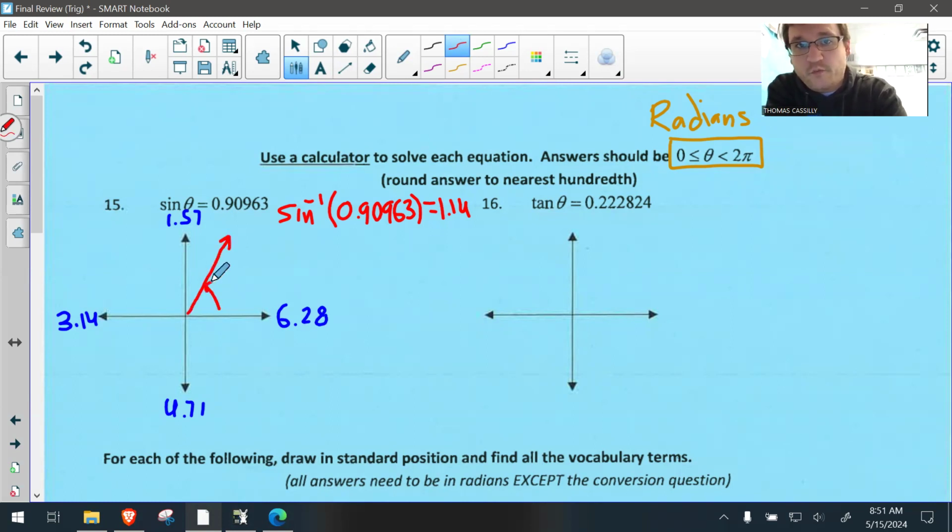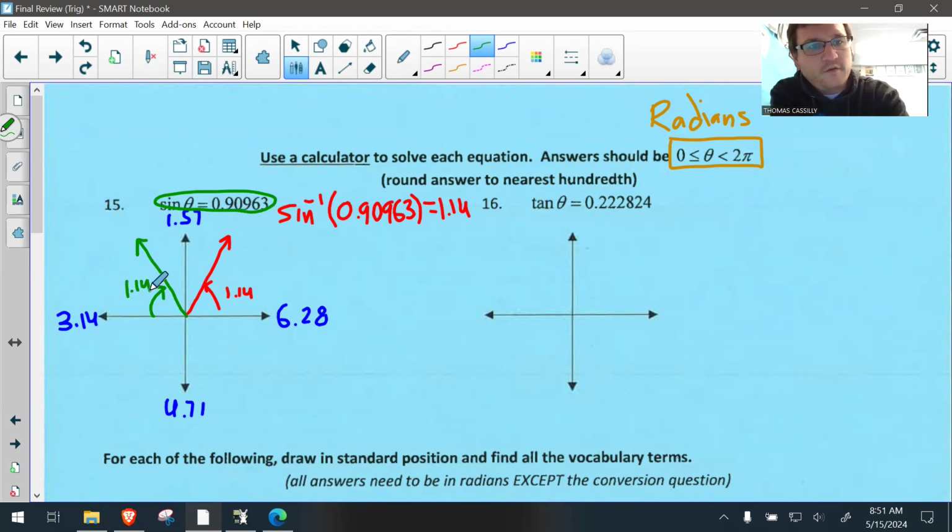If it was bigger than 1.57, it would be in quadrant 2. Now, this is the reference angle, but it's also going to be one of our answers because sine is positive in Q1. We know sine is positive in quadrant 1 and in quadrant 2. So we have to figure out this value right here.